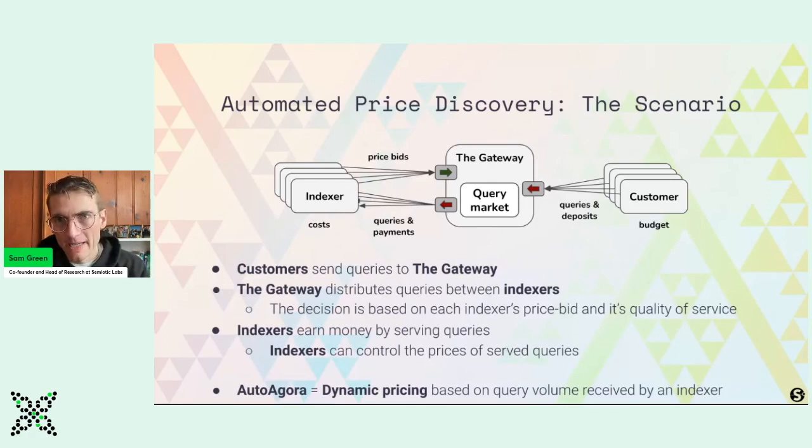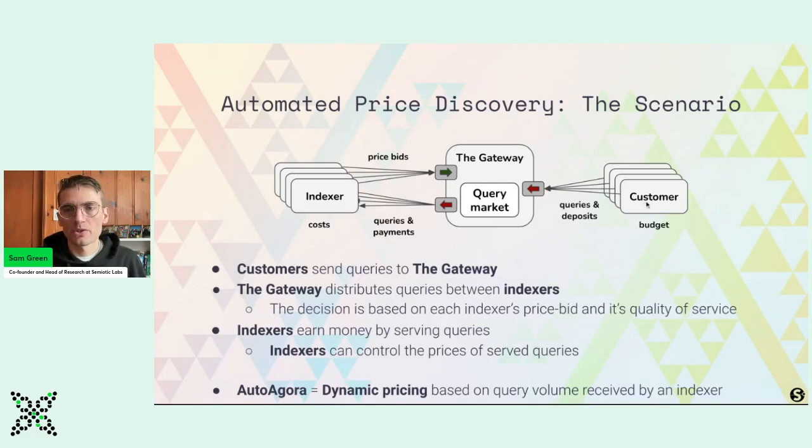What happens in the back end is that it's a two-sided market where we have customers who want to get queries, they want to get data, and we have indexers who index the blockchain data and serve it to the customers. So we have this marketplace, a query market. It happens on this thing called the gateway.